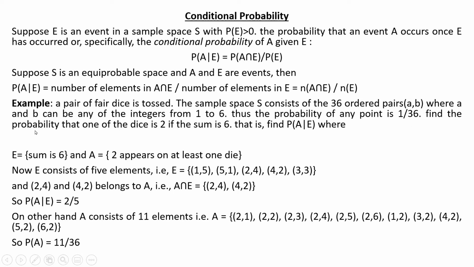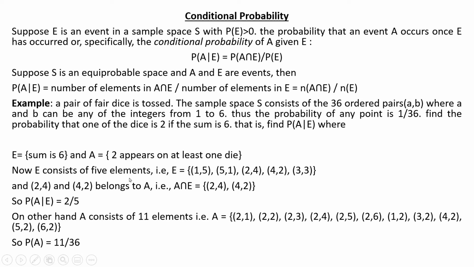Find the probability that one of the dice is 2 if the sum is 6. That is, find probability of A given E. So set E is the sum is 6 and A is 2 appears on at least one die.